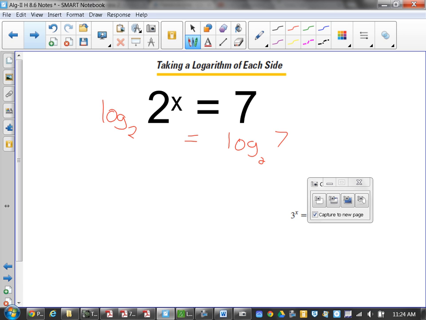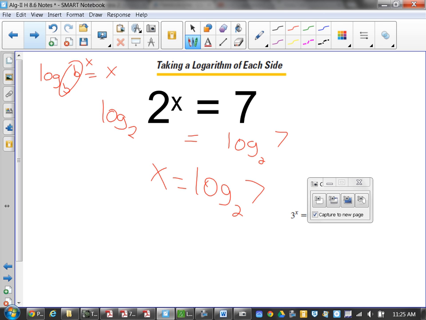So you just get x equals log base 2 of 7. There you go. In order to get an exponent to drop, remember when you had log base b of b to the x, since these were the same, it equaled x.